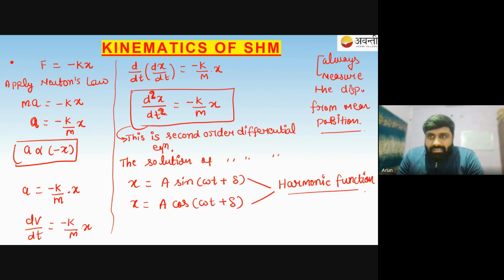Then we will relate the velocity with displacement only. Then we will plot the displacement graph and time graph. Also, we are going to see the energy equation. Maybe two lectures will be required to complete some of this.